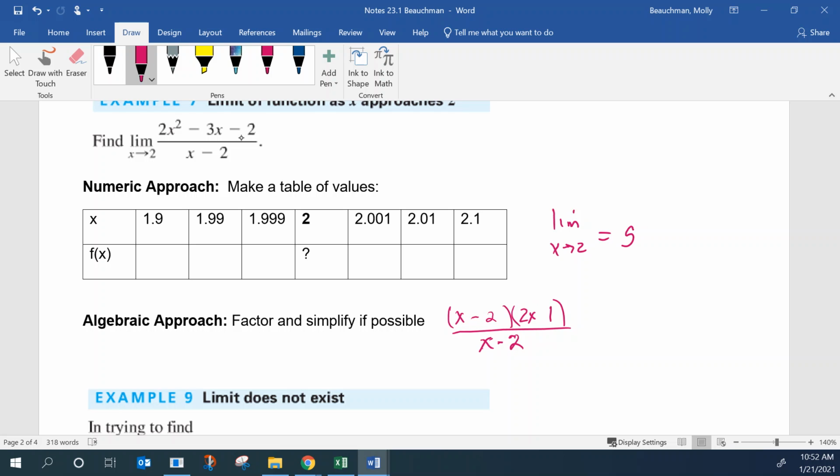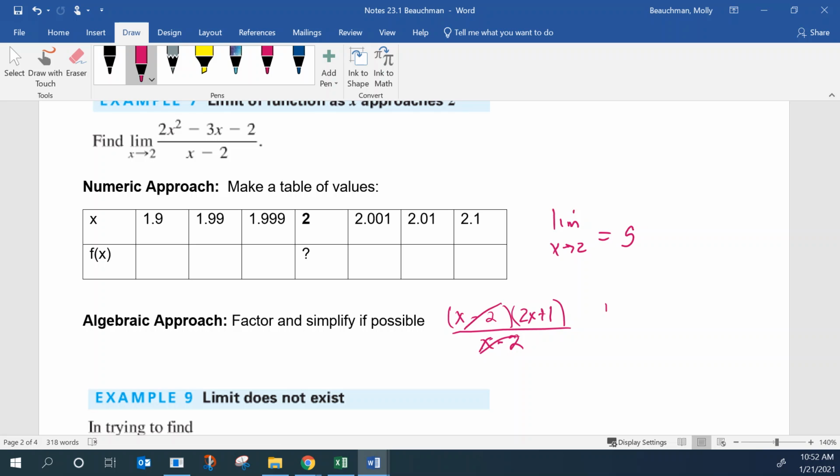In order to get a negative 2 here and a negative 3 here, I need to have a positive value. Double check your factoring. x times 2x is 2x squared. Outer is plus 1x, minus 4x is negative 3x, negative 2. Yep, these factor. You can simplify the function.